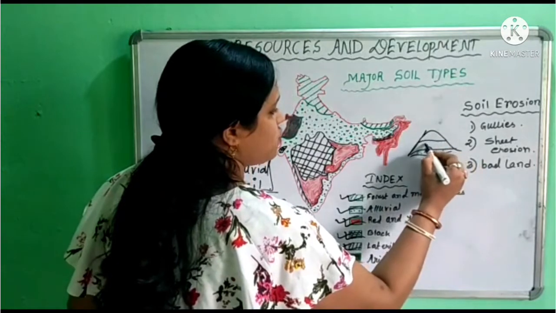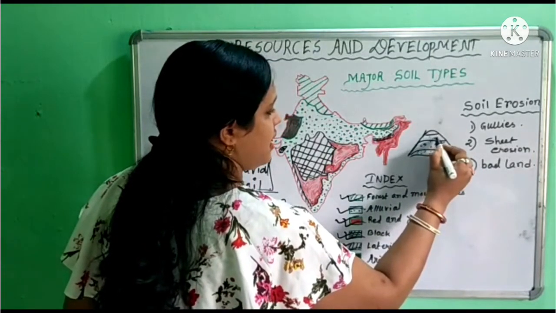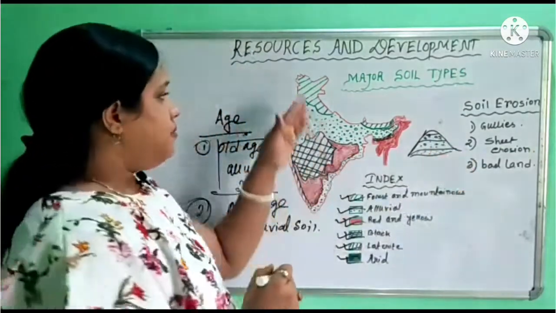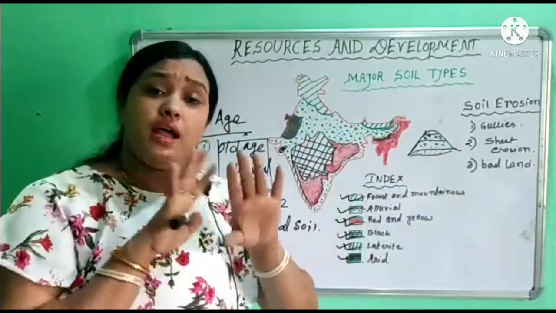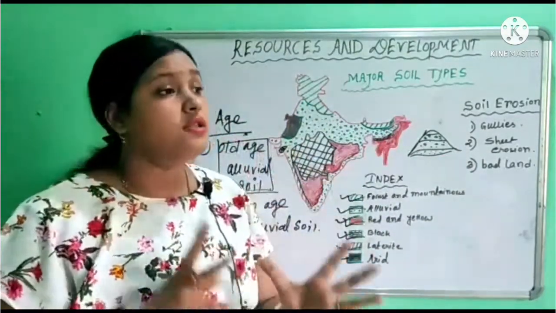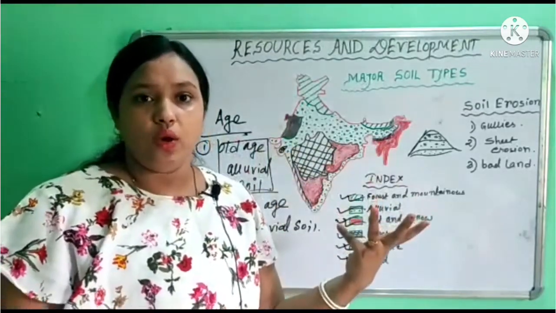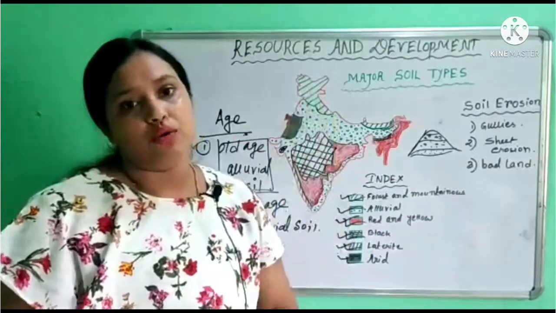Next we find another type of texture, and here another type of texture in soil. So in mountain areas soil texture varies according to the mountainous environment, which means the height of the mountain.